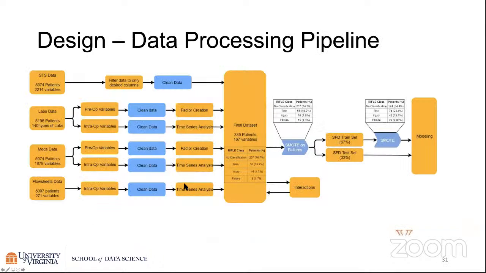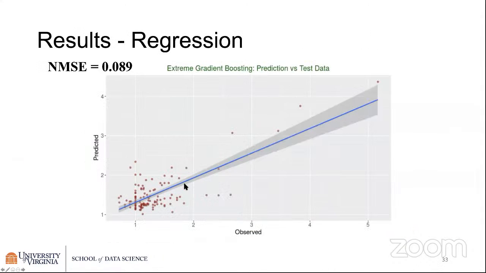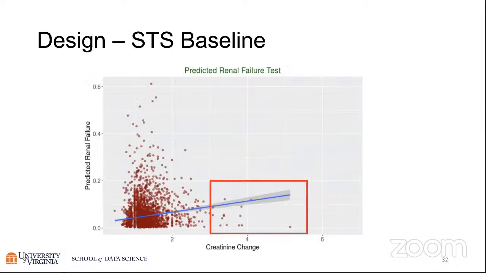Okay, so if you look, they're predicting people that had no creatinine change, or very little creatinine change. This is what they're predicting as a result. And all the people that were most affected, all of them were not predicted, okay?